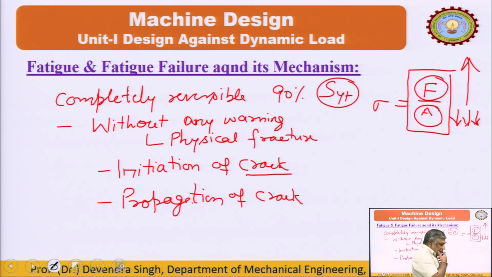A very good example I gave in the last lecture: if we bend a wire equally in opposite directions, without any equipment, without any scissor or chisel, we can break the wire into pieces. Last lecture में ये मैंने एक एग्जांपल दिया था.